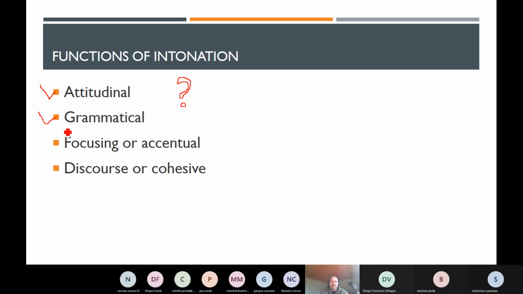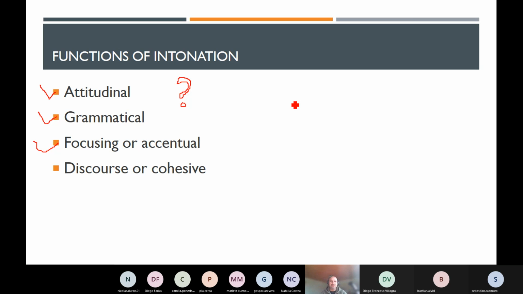What about the focusing function or accentual function? Is there anything that you remember? Put more emphasis in one part of the syllable than in others. Exactly, Bastian. You put more emphasis on one specific element of a sentence.